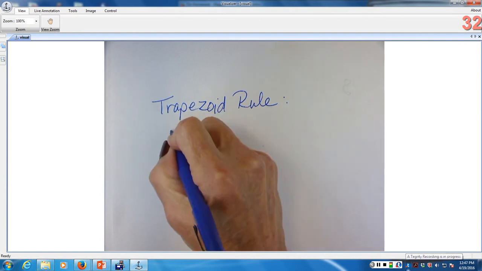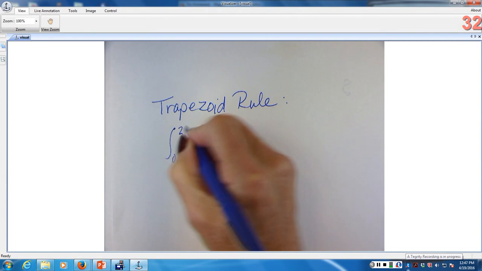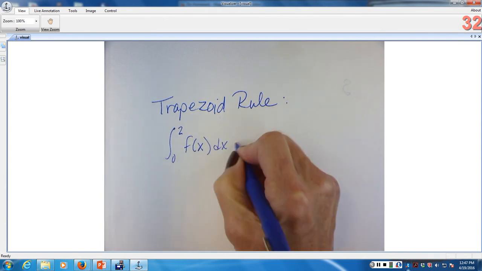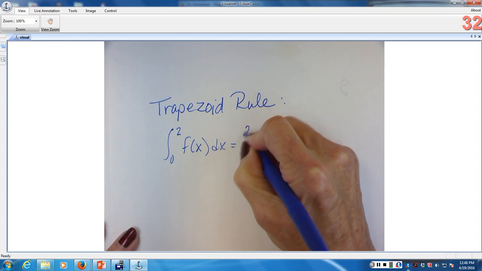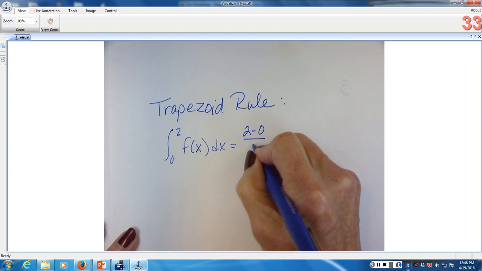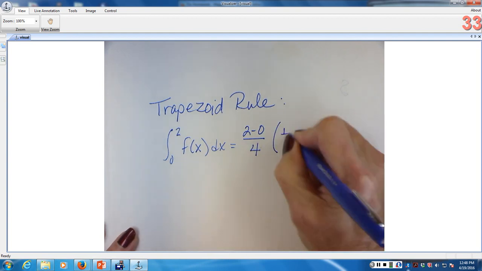Trapezoid rule says that you're going for the integral from 0 to 2 of that function. You know what the function is. We take b minus a, which is 2 minus 0, over how many intervals? We want 4, times 1/2 times the first interval.